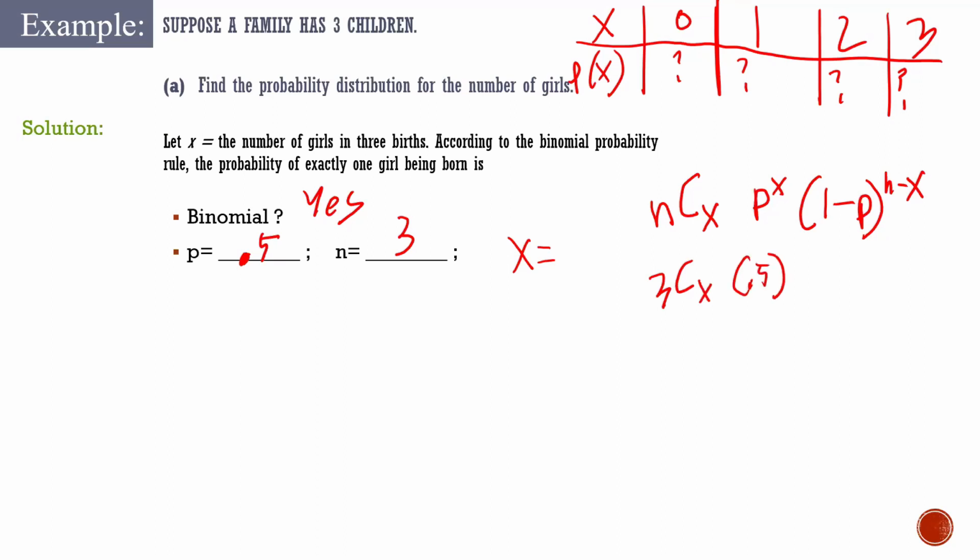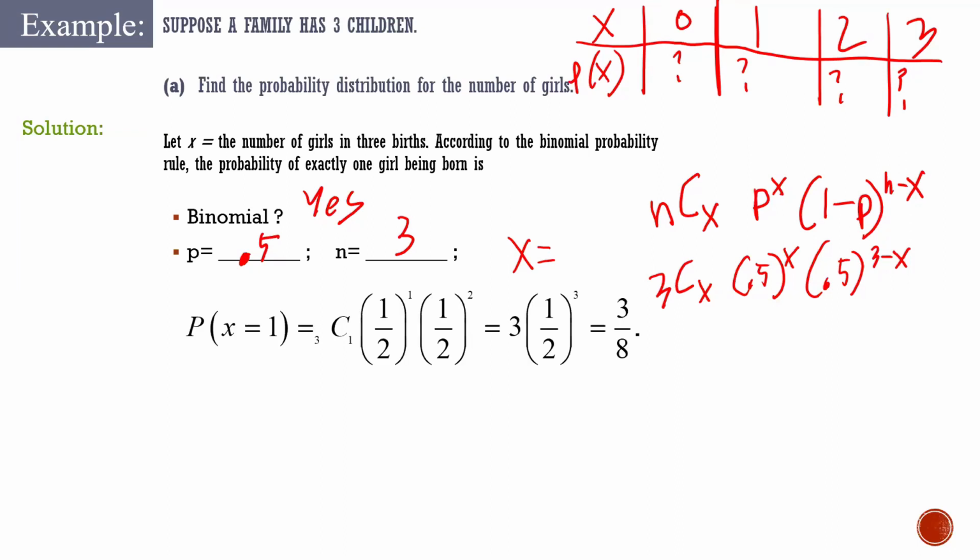P is 0.5. And notice the nice thing here is that 1 minus P in this case is also 0.5. So for example, the probability of getting exactly 1 girl is this formula right here with 1 plugged in as X.